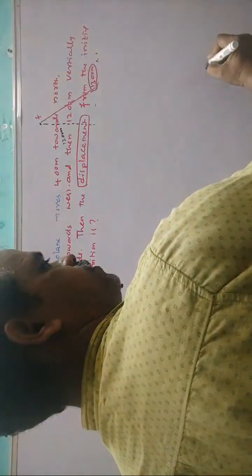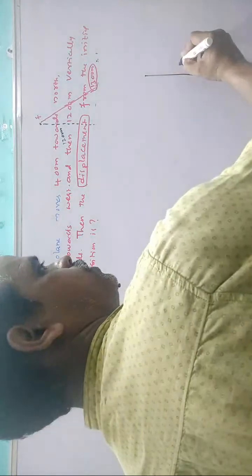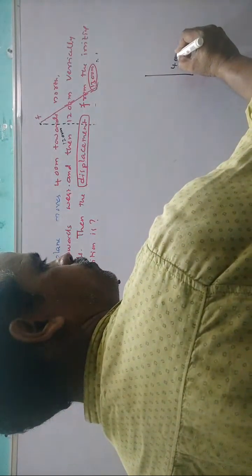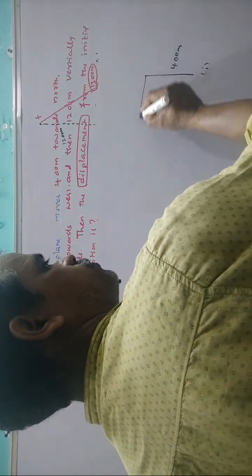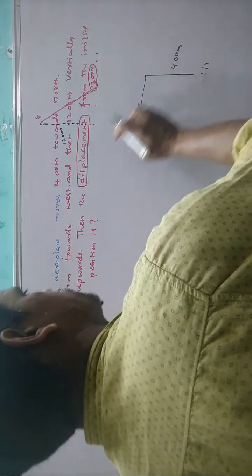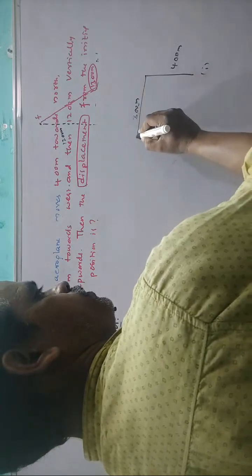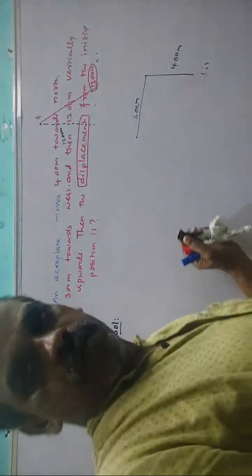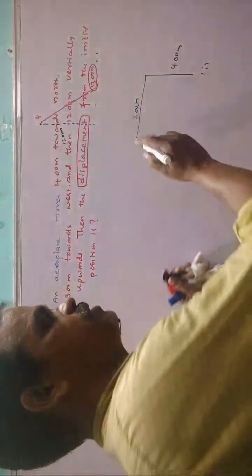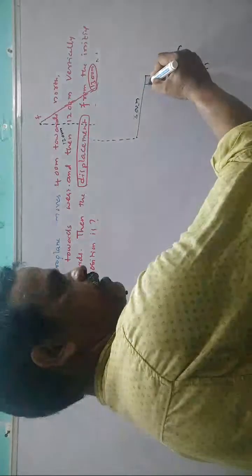This is the initial position. The aeroplane goes up towards north 400 meter, then towards west 300 meter. Then it goes up. Up means it will go like this. So first, this is a right angle triangle.